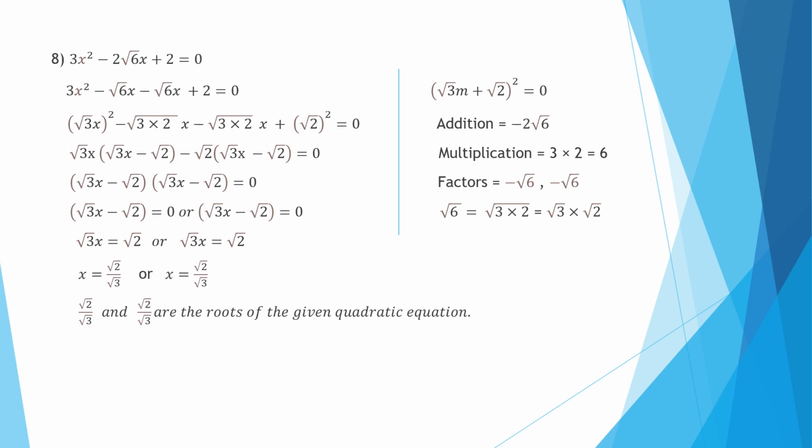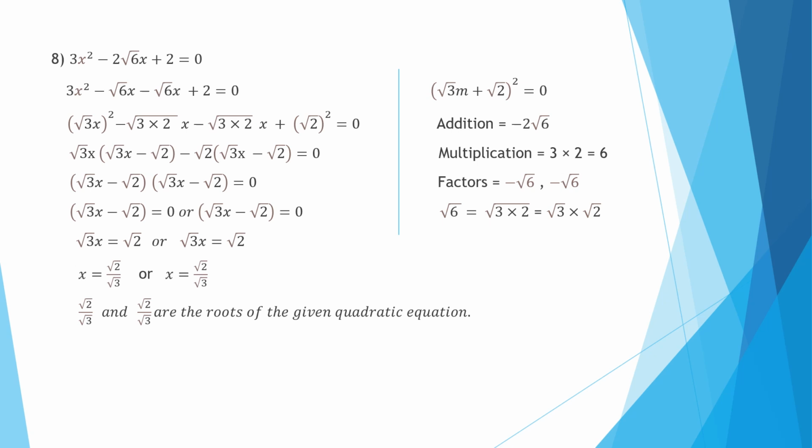So next we find the common factor from this. From root 3x whole square minus root 3 into 2x, the common is root 3x, so we write root 3x in bracket root 3x minus root 2.